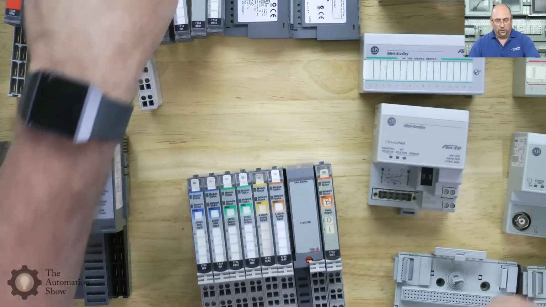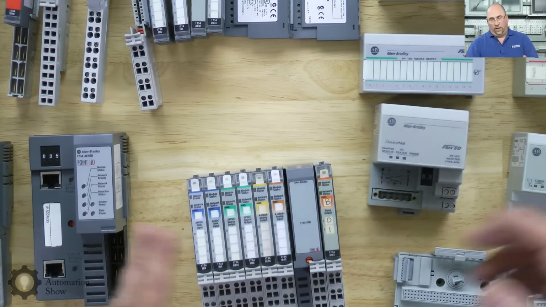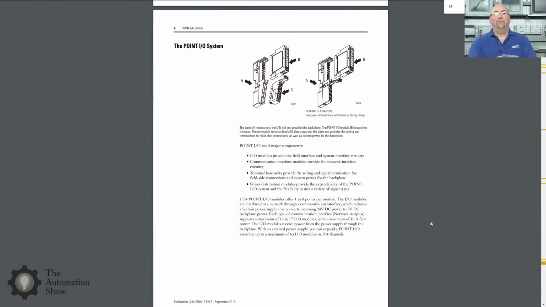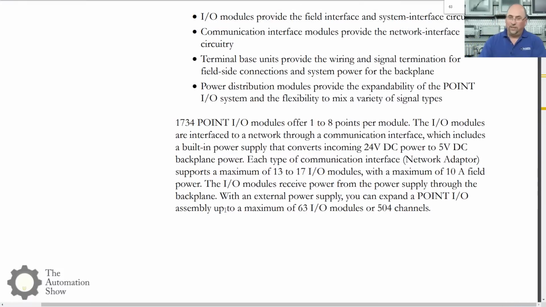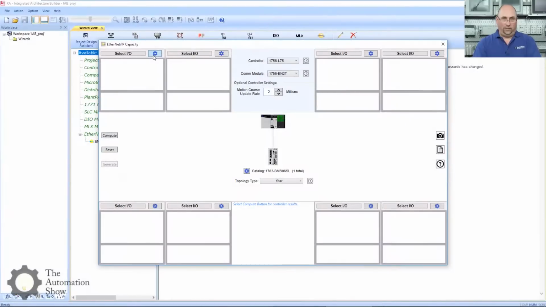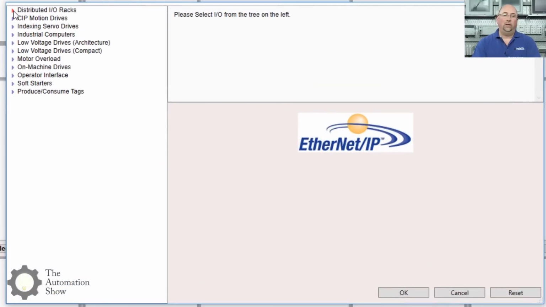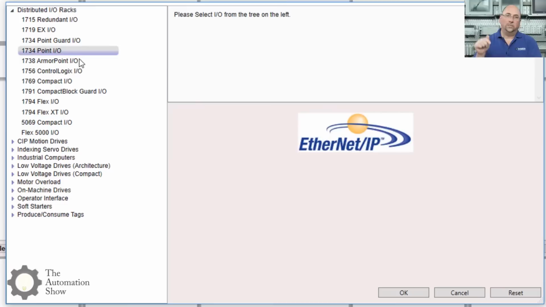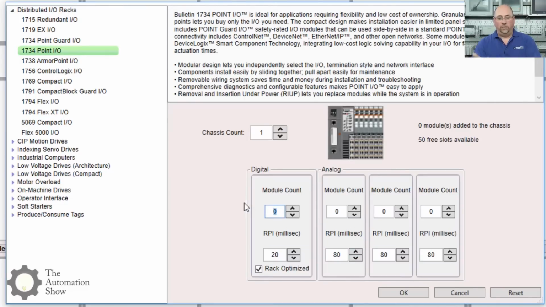But on the flip side, the Point I/O can have many more modules. Instead of being limited to 8, it's limited to 63. Now, this is very dependent on what you're connecting it to, and you can use the Ethernet IP capacity tool that's in IAB to figure that out. That'll also help you with any of the other modules you may need in your system.